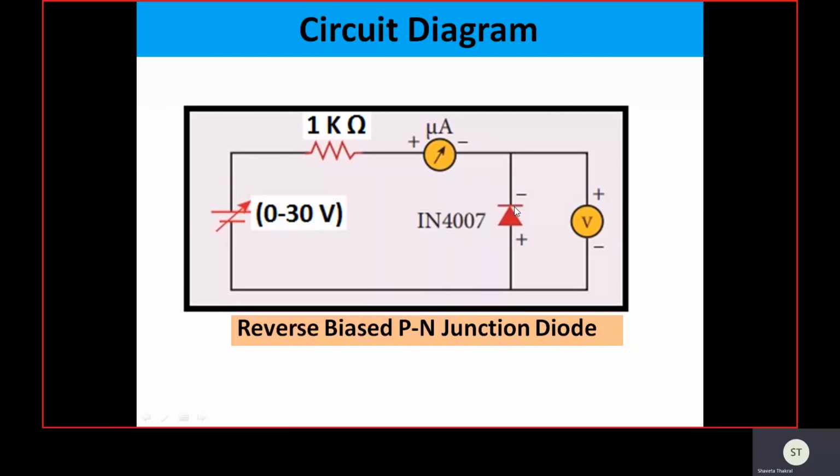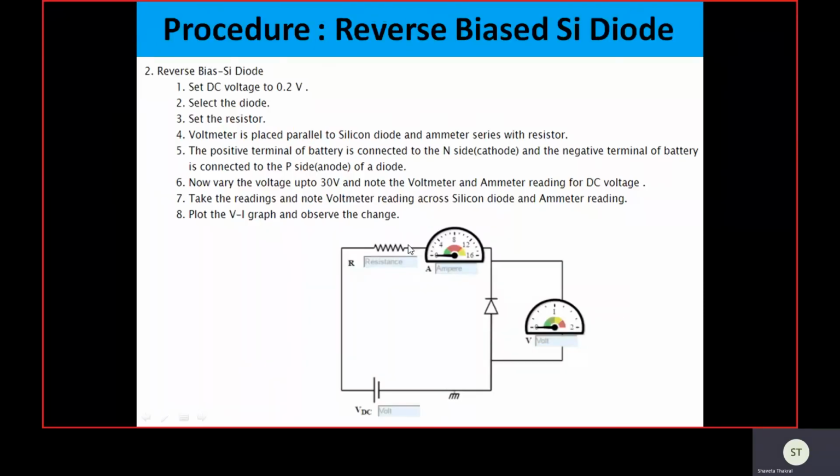Now the N-type material of the PN junction diode is connected to the positive terminal of the DC supply, and the P-type material is connected to the negative terminal of the supply, and here the microammeter is connected in series and the voltmeter is connected in parallel, and here the variable supply is put in the range 0 to 30 volt.